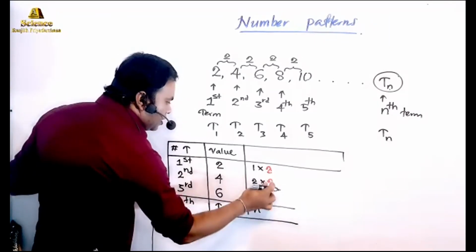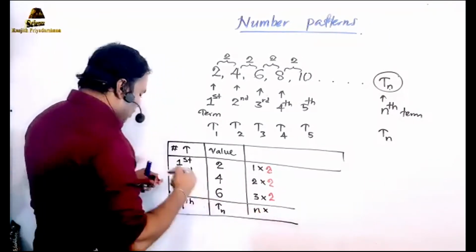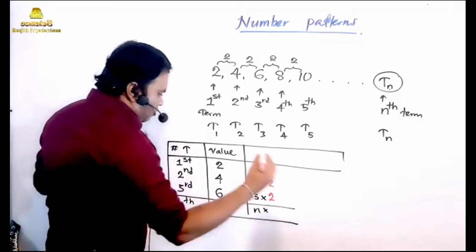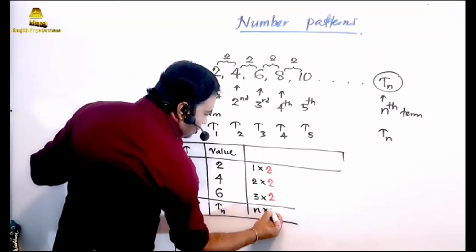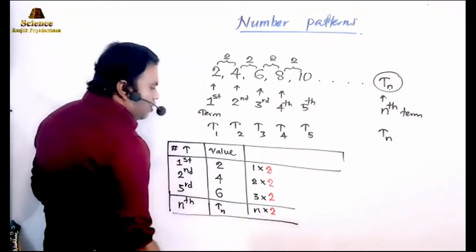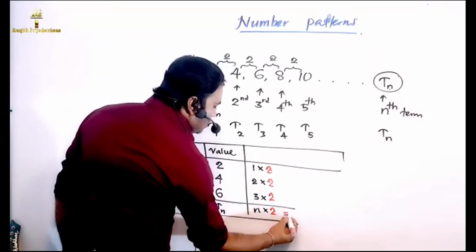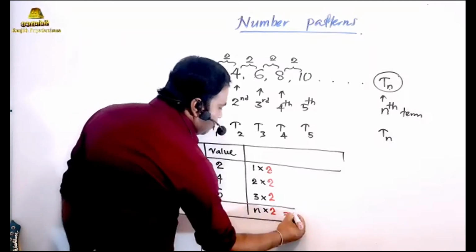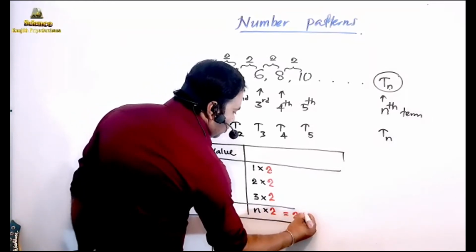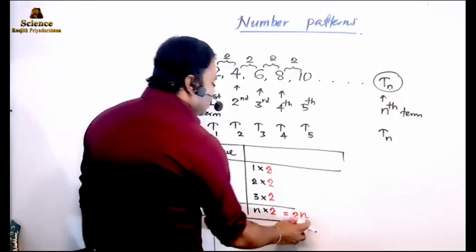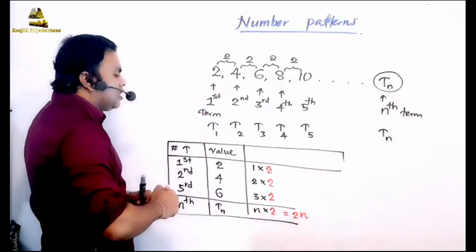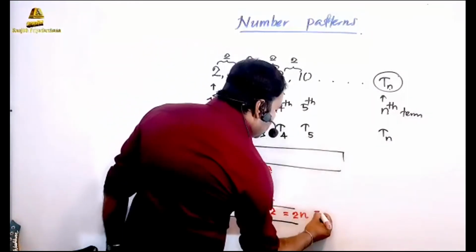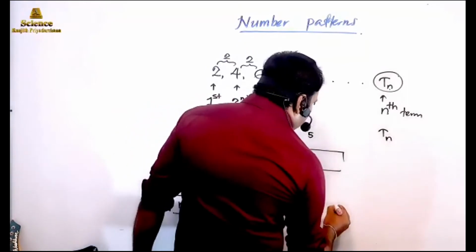So in the same way, it will become n times 2. Finally, we can write it as 2 times n, 2n. Very good. Okay, so this is the common term or general term. We call this the general term.